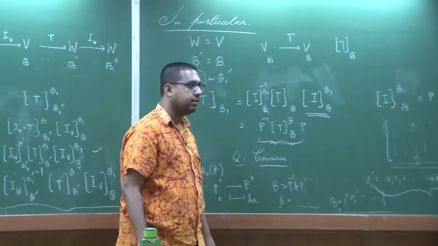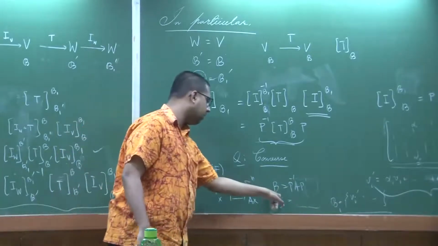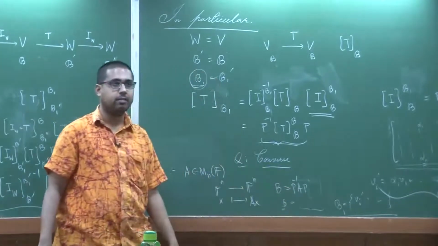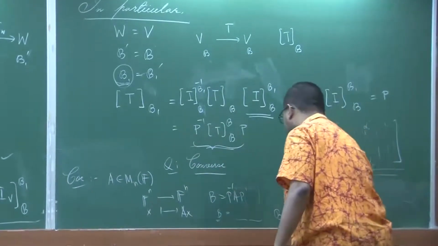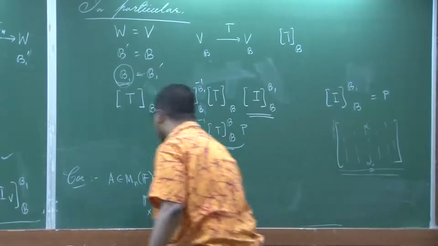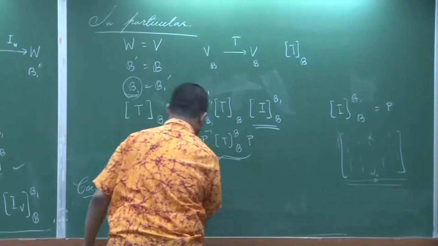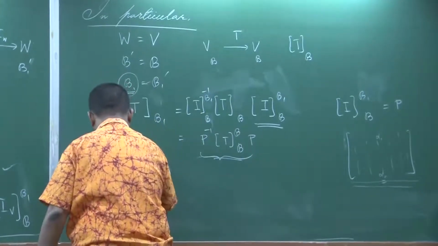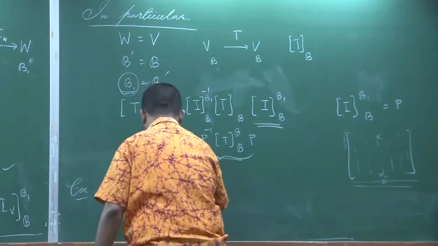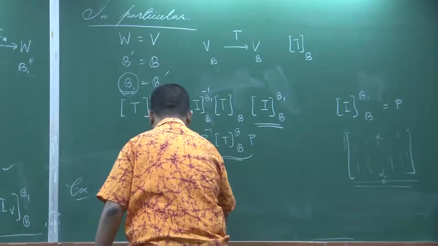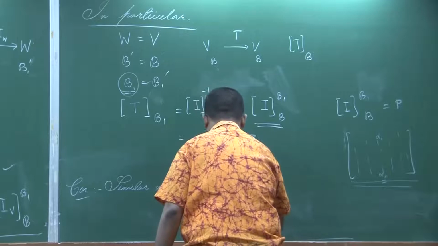The rank of B is nothing but the rank of A. So the immediate corollary, without getting into anything else, is that similar matrices have the same rank.